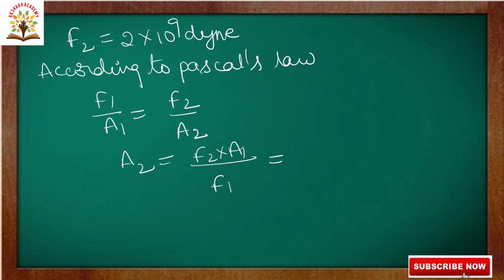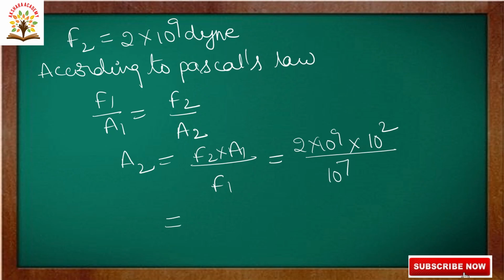Substituting values, F2 we are getting 2 into 10 to the power of 9 and A1 100 nothing but 10 square centimeter and F1 they given as 10 to the power of 7 dyne.